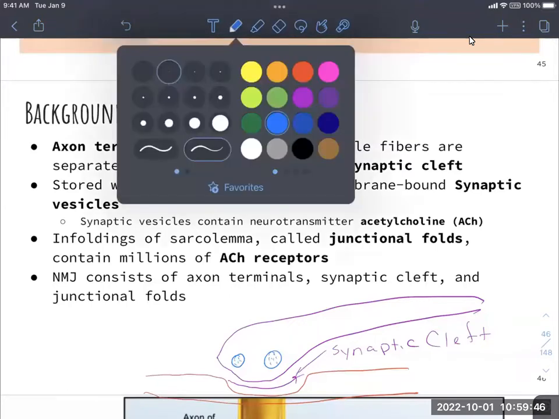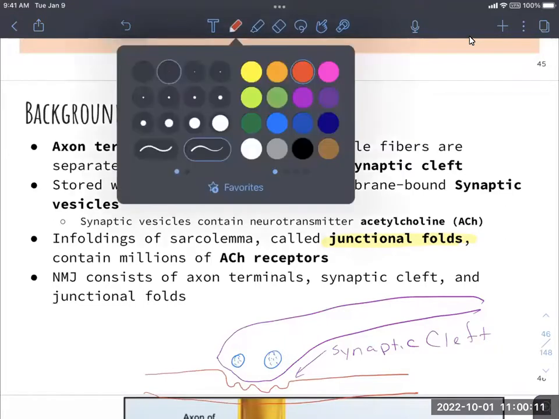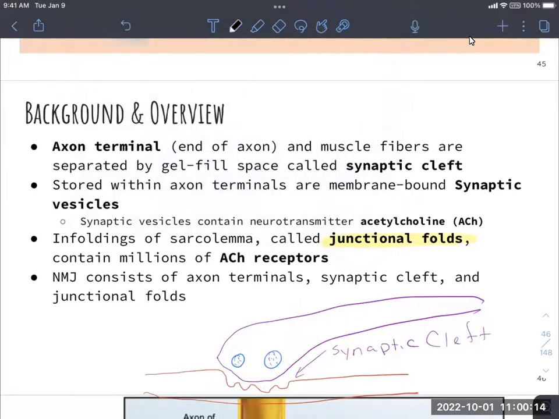I'm going to draw my muscle better here. Because in my muscle, not only do we have one fold, but we have a lot of them. They kind of go up and down like this through where the nerve comes. Those are called junctional folds. They help to increase that surface area. And within that surface area, we have millions of these ion channels.